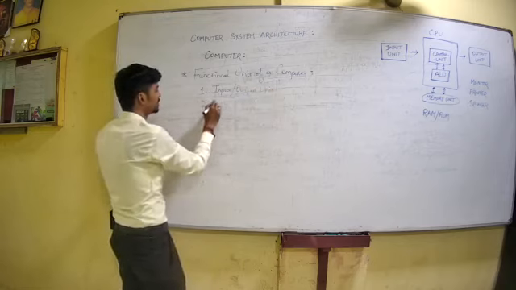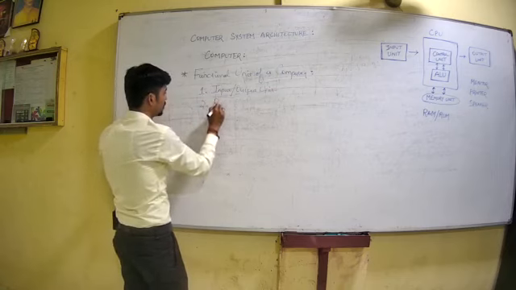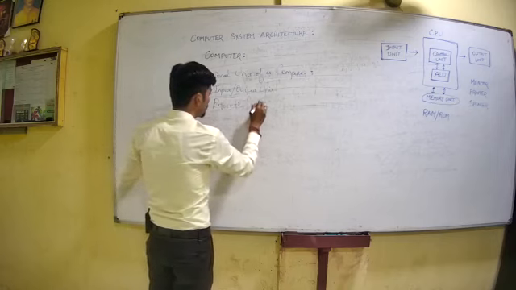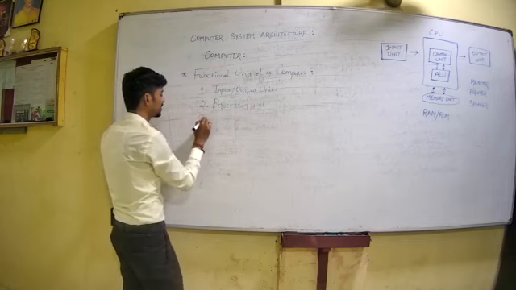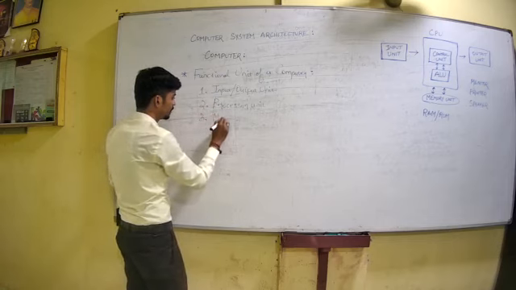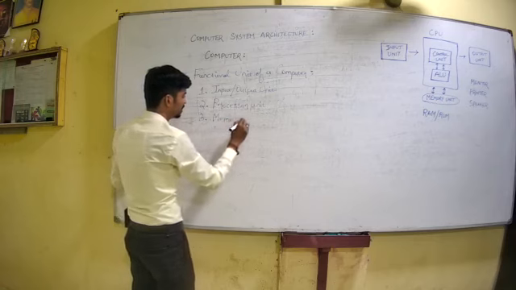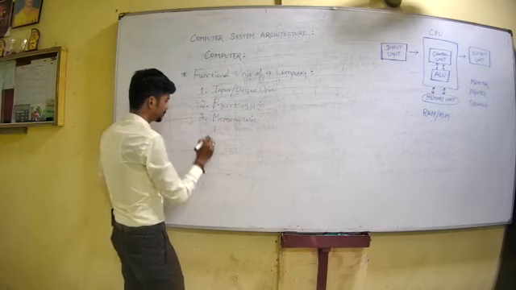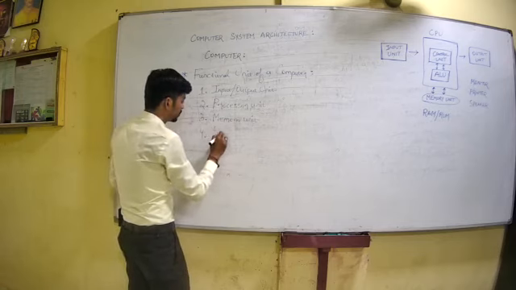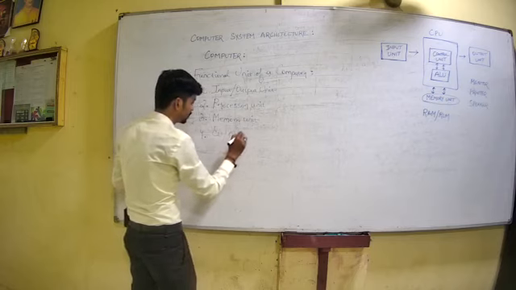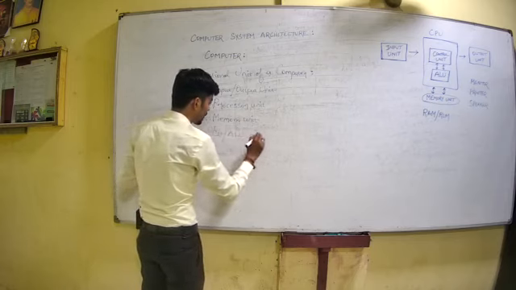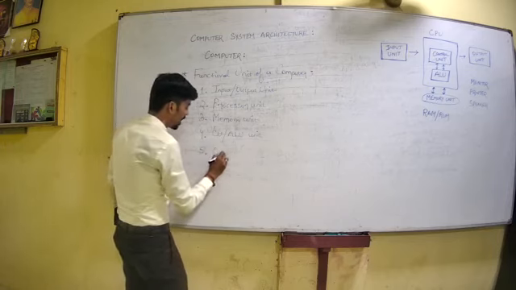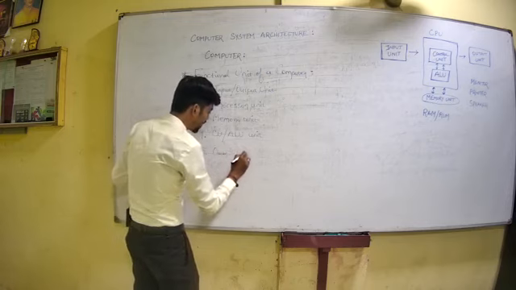The second one is the processor unit. The third one is the memory unit. The fourth one is the CU or ALU unit. The fifth one is the output or final product.